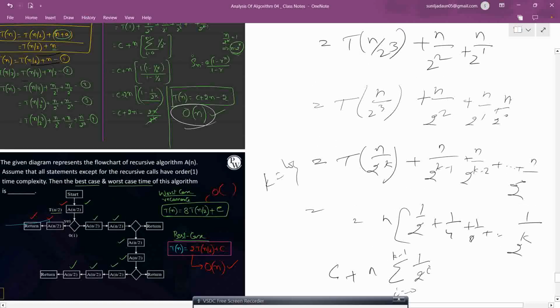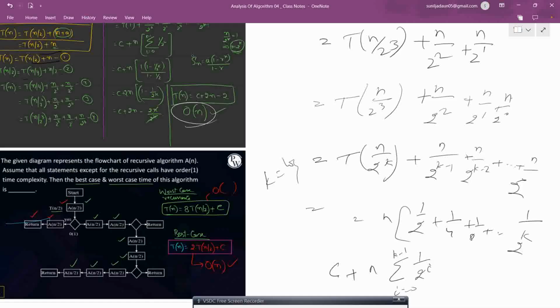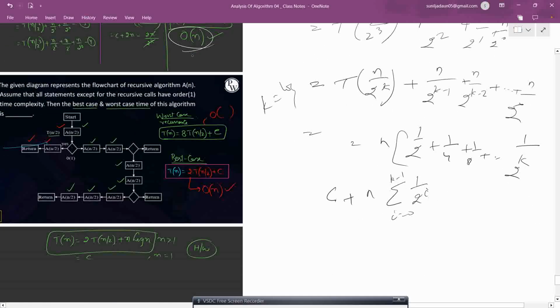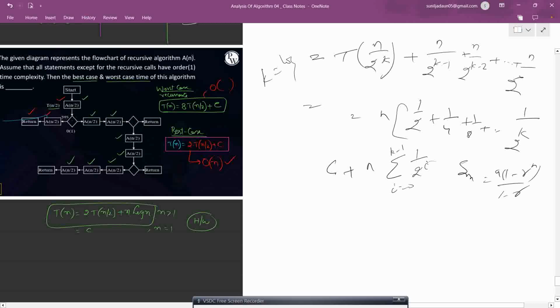Then S1 is equal to a into 1 minus r to the power n over 1 minus r. A is what? 1 by 2, I think here. 1 by 2. 1 minus r what? 1 by 2 to the power k minus 1.